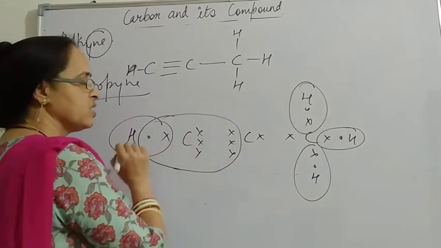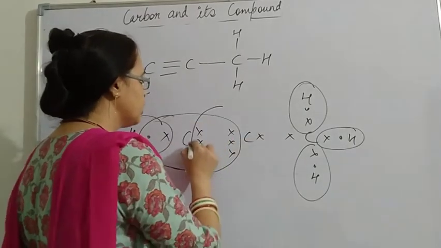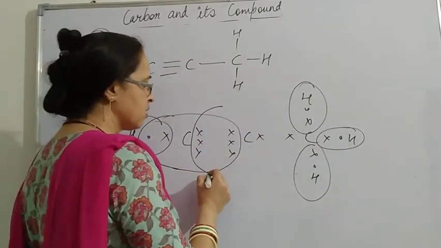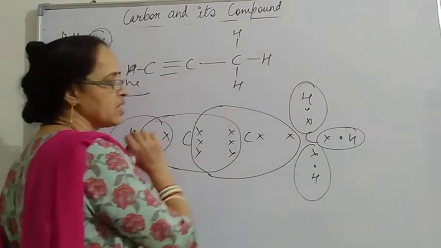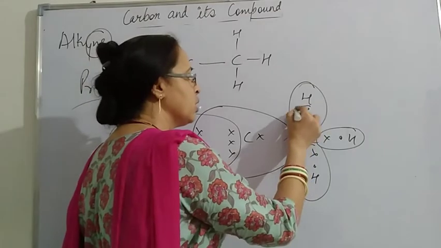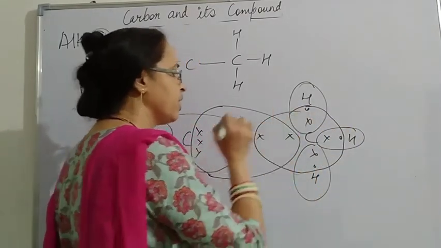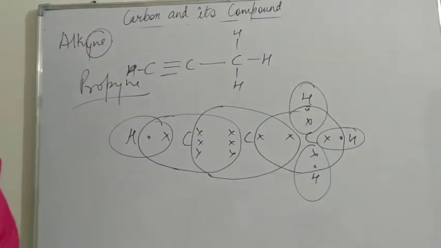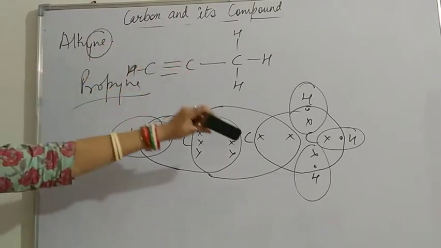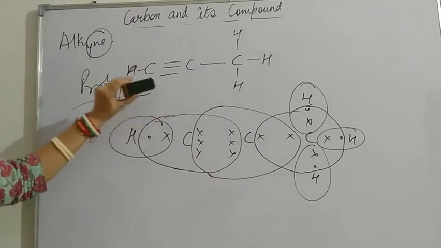So here the octet is completed for this carbon. Now this carbon: 3 electrons plus 3, 6, and 2 electrons with this carbon, so the octet is completed. Now for this carbon: 2, 2, 4, 2, 6, and here 2, 8. Now the electron dot structure is completed by sharing the electrons, and the octet is completed here. So this is the electron dot structure of propyne, and this is the structural formula of propyne.